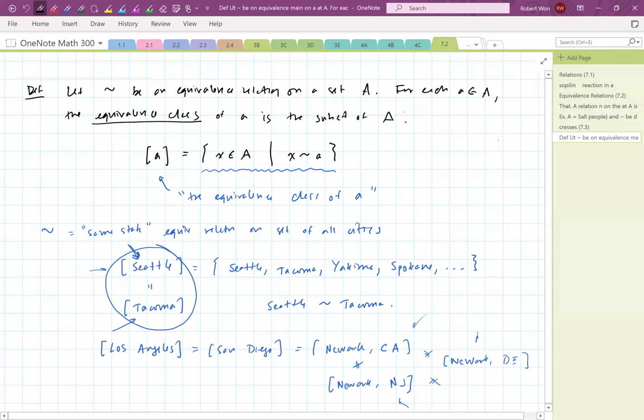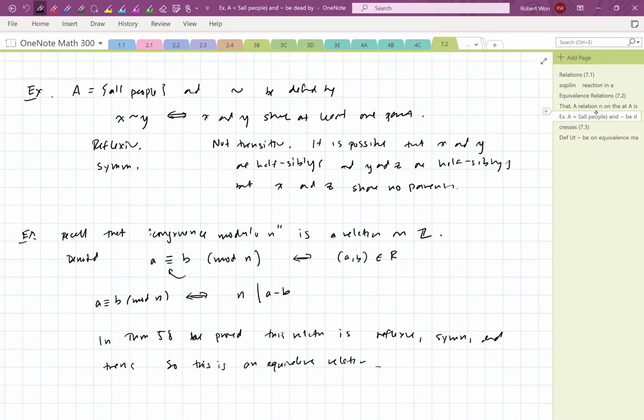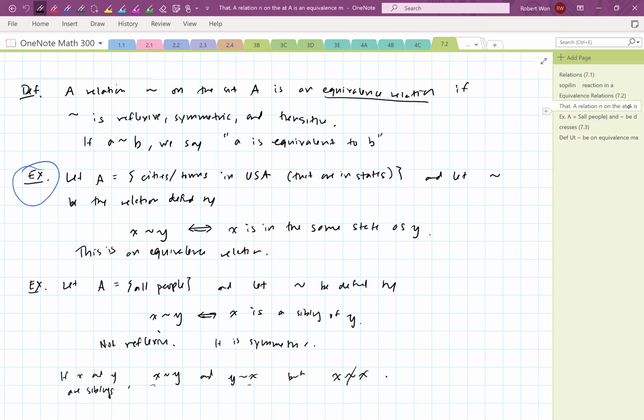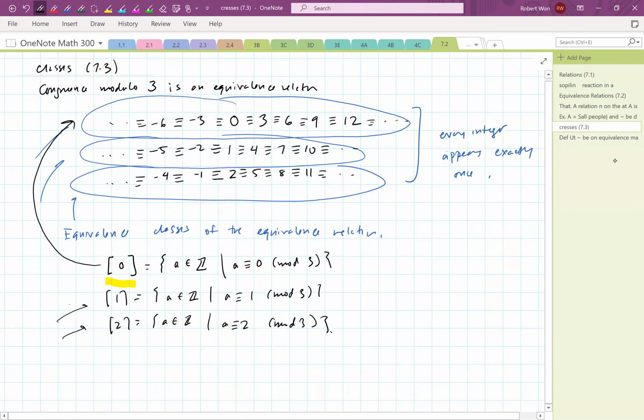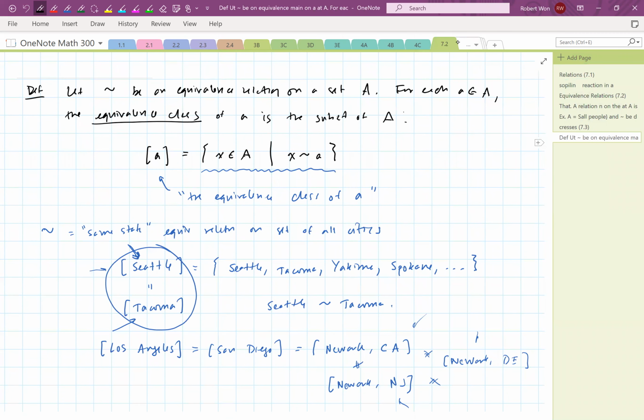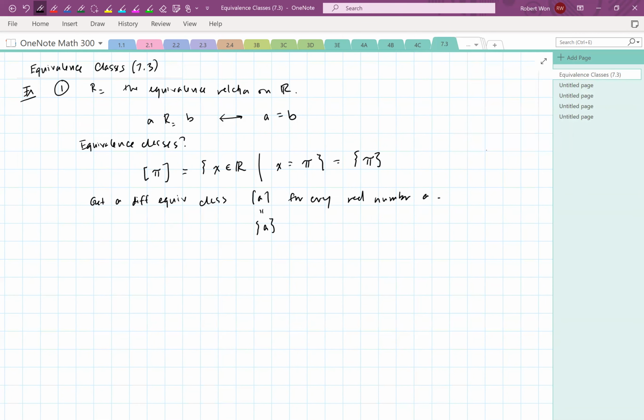Did we have any other equivalence relations? I said three, but actually we only had two equivalence relations, but there is congruence modulo n. We already talked about congruence modulo n, but let's talk about another example, which is congruence modulo 2.